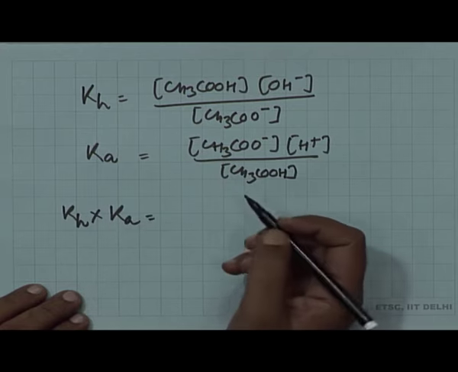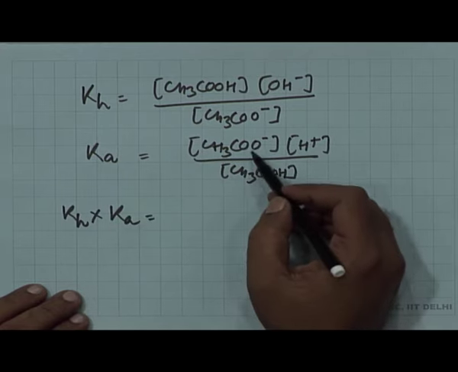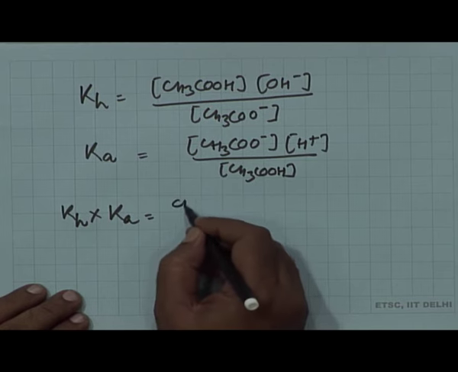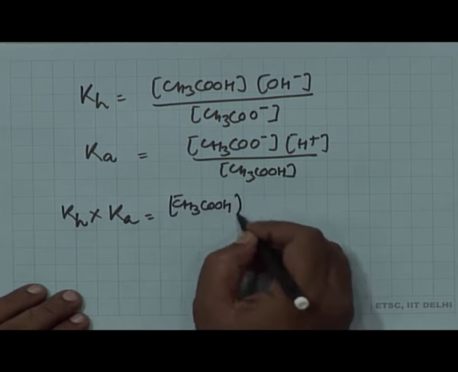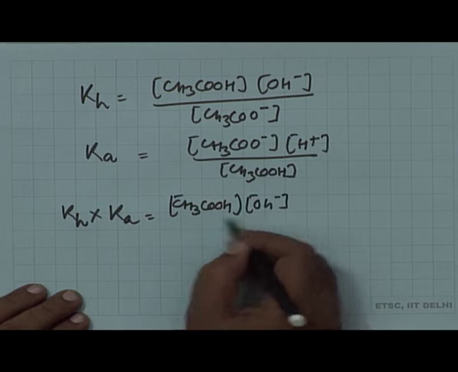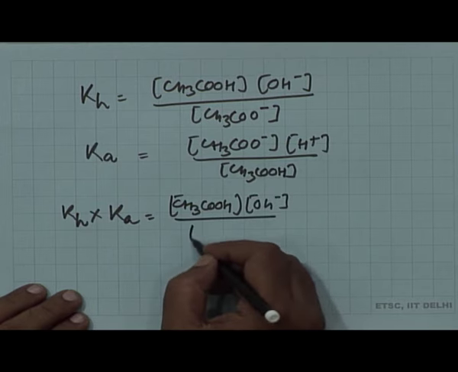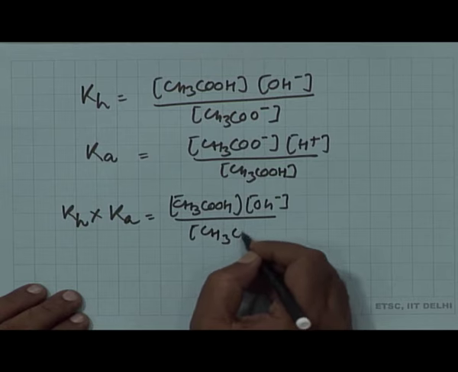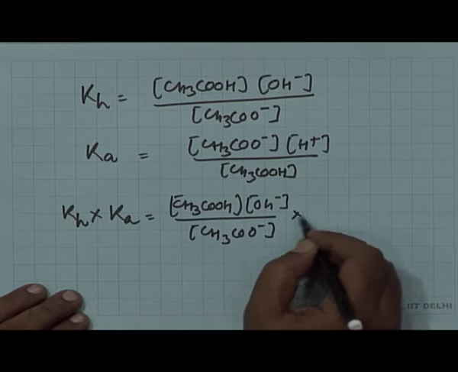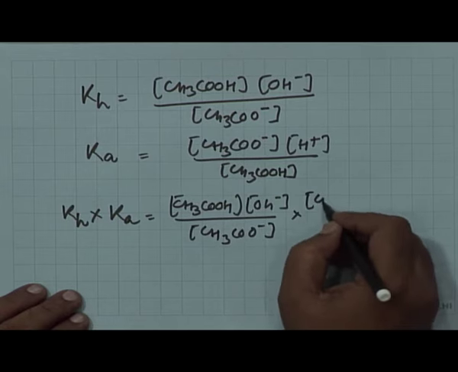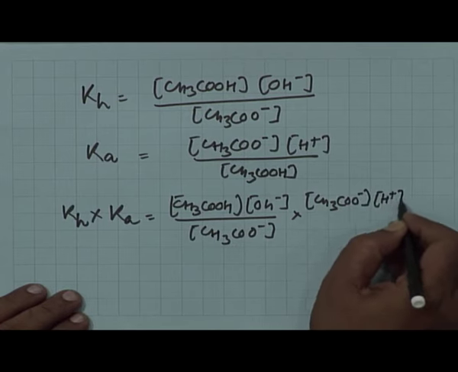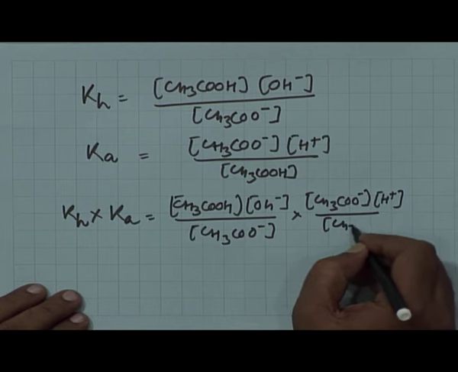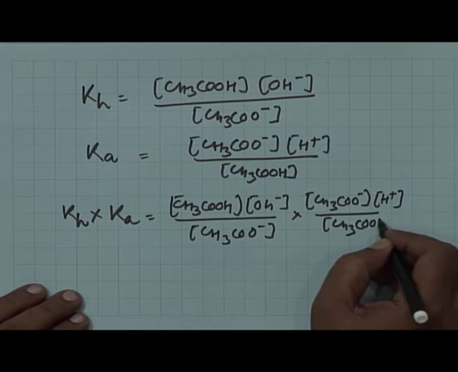Kh into Ka is CH3COOH into OH minus by CH3COO minus, into CH3COO minus into H plus by CH3COOH.